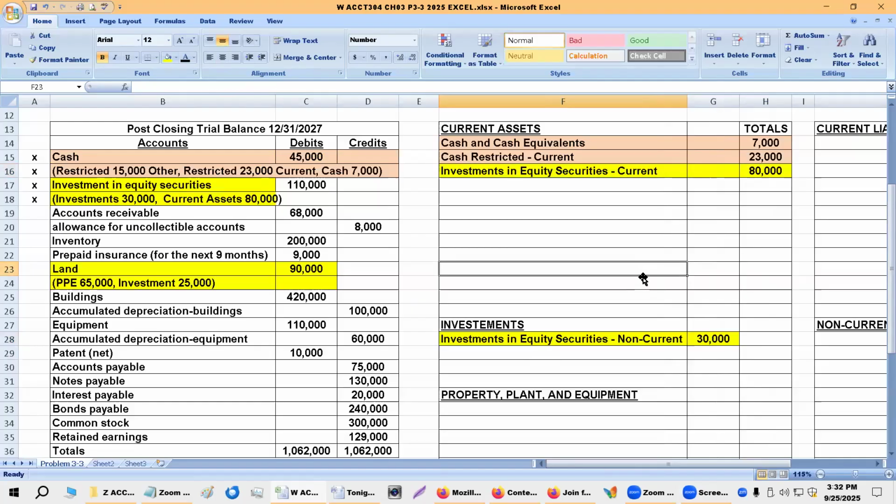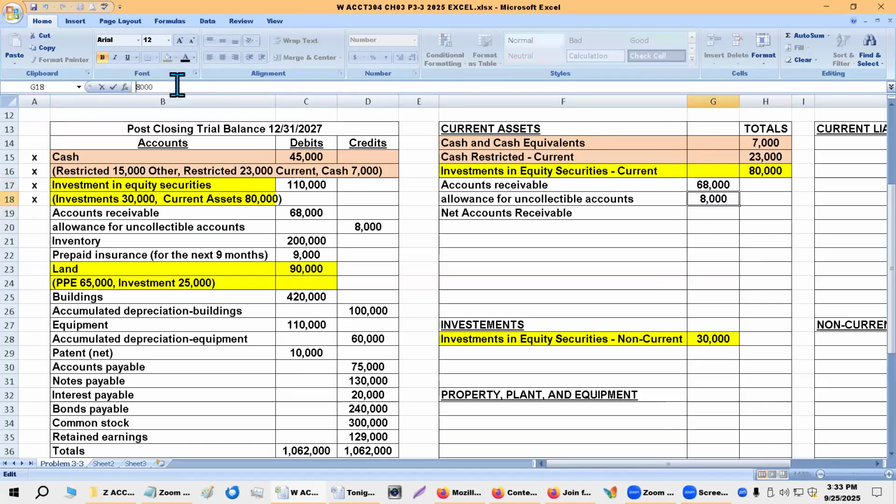Okay. Accounts receivable and allowance for uncollectible accounts. By the way, this is the one I changed from the book. They had it written in kind of a wacky way. Net accounts receivable. So allowance for uncollectible accounts: we don't know who is not going to be able to pay, but somebody will.